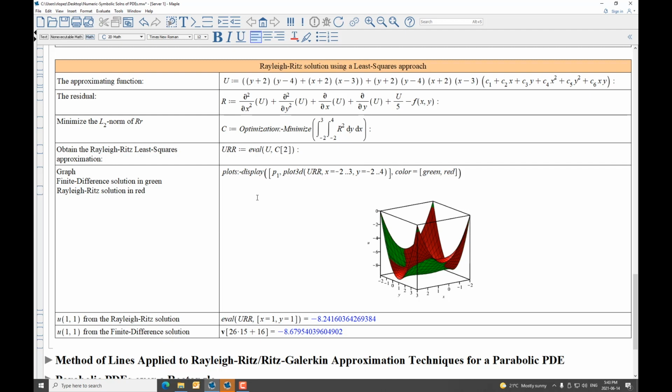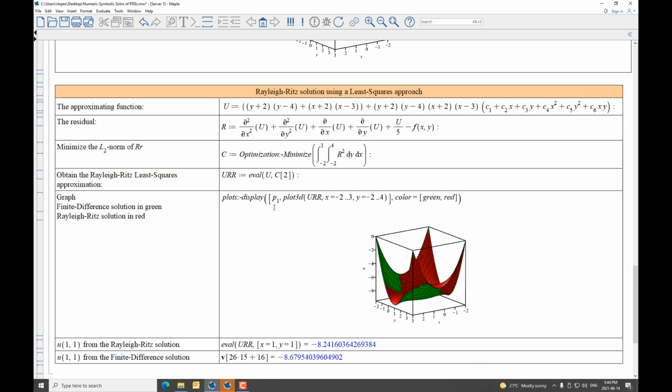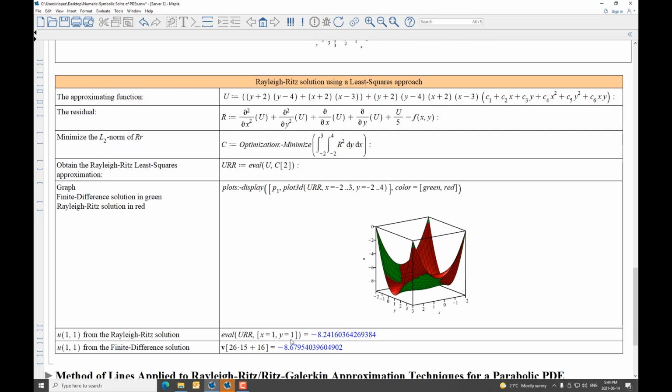Then I drew a graph, comparing it to the graph of P1, which is the graph of the finite difference solution. And they're not the same. So numerically, I tested them at 1 point. This is the Rayleigh-Ritz solution. This is the finite difference solution.